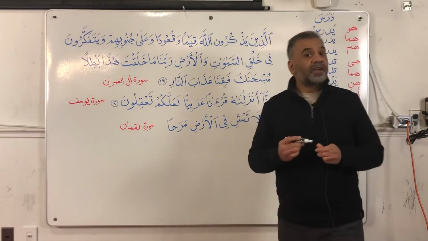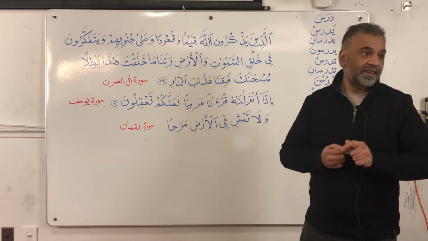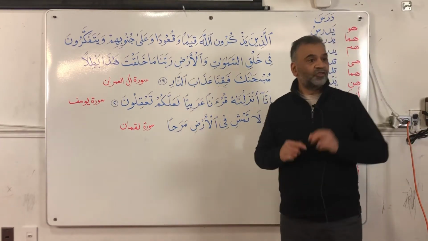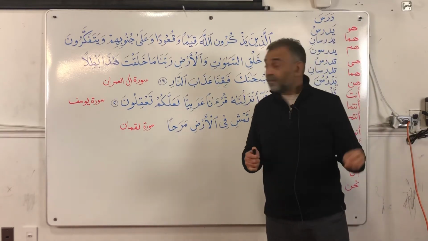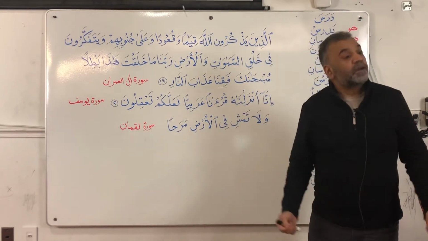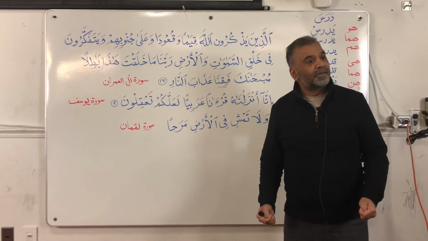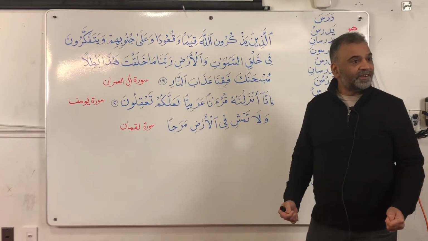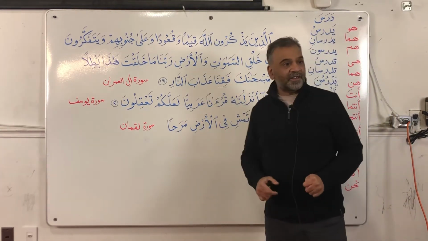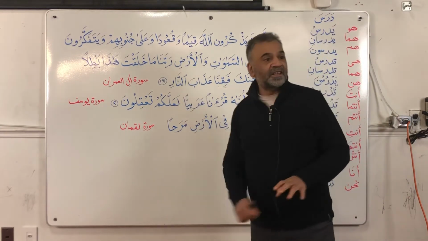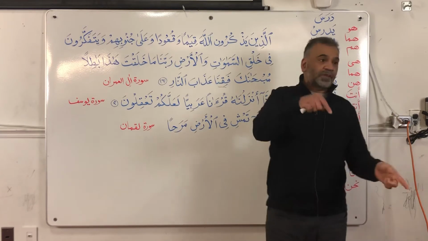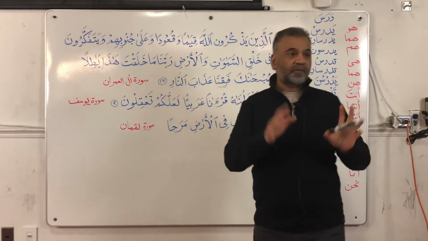And na is your maf'ulun bihi, object. So save us. Save us from what? Transitive verb, azaba, annari, as mudaf, mudaf ilayhi, torment of fire.